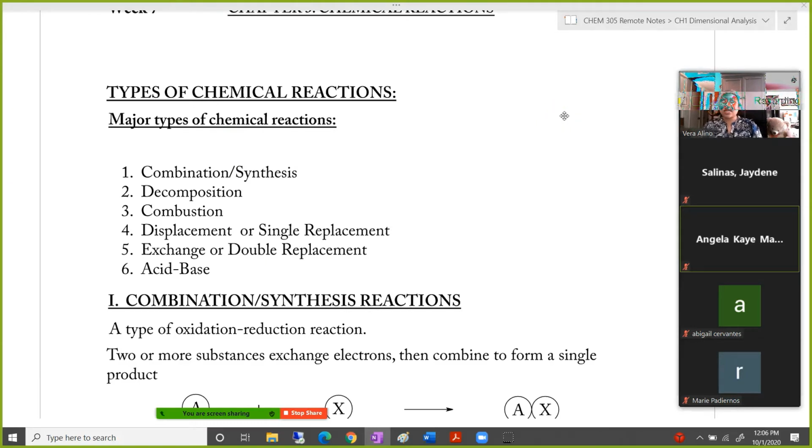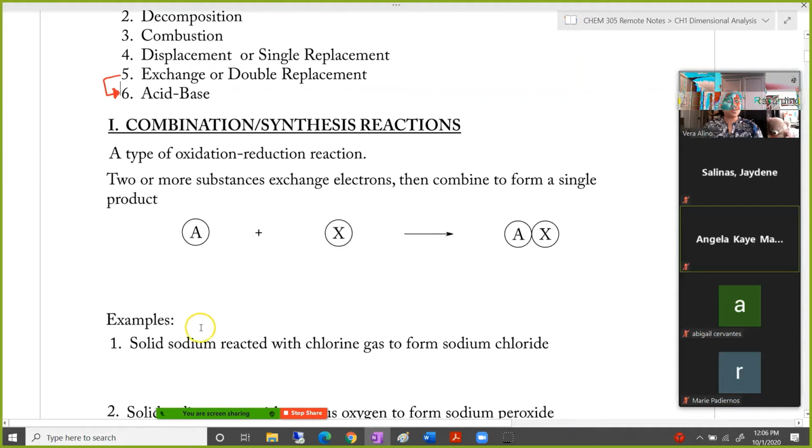Now, technically, acids and bases actually belong under the category of double displacement, but it's its own story right there. We know the combination reaction because you have multiple reactants, and when you put them together, they fuse or combine to form one big, giant molecule.